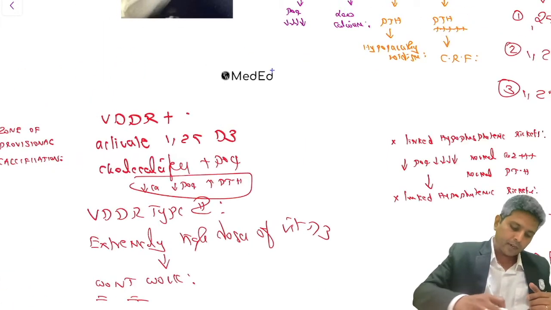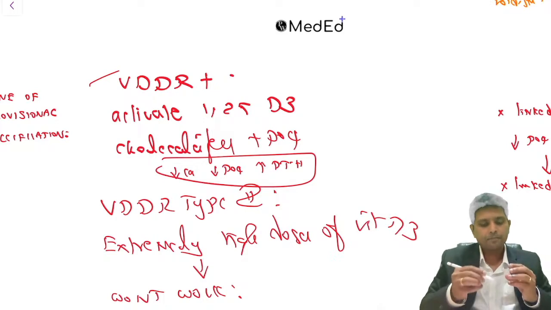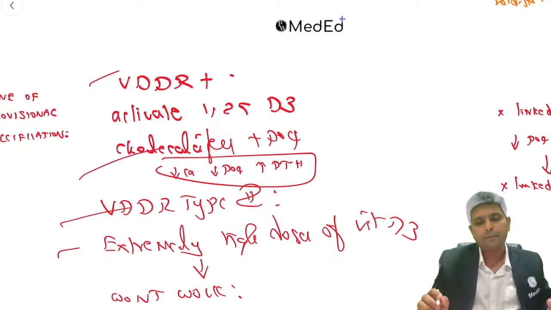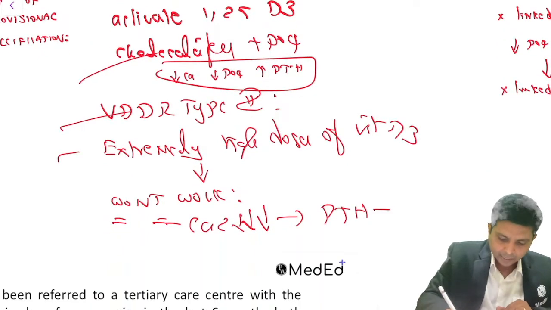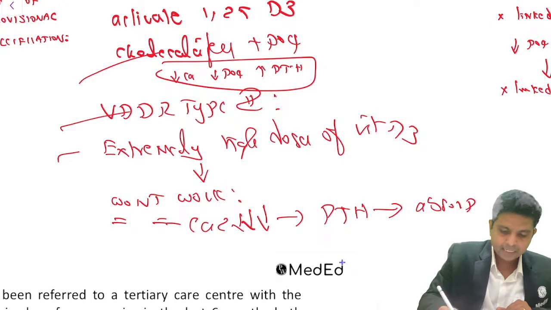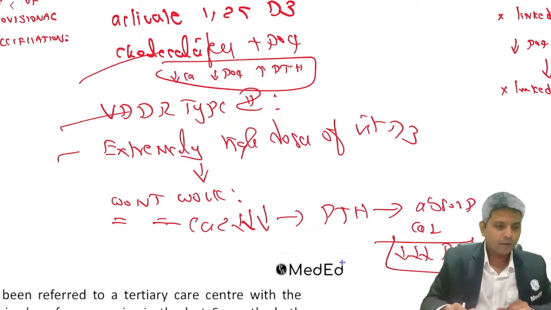Remember, in nutritional rickets, VDDR type 1 and VDDR type 2, the calcium is low. It stimulates the parathyroid gland. This parathyroid hormone in turn absorbs calcium and excretes phosphorus, so phosphorus is low.